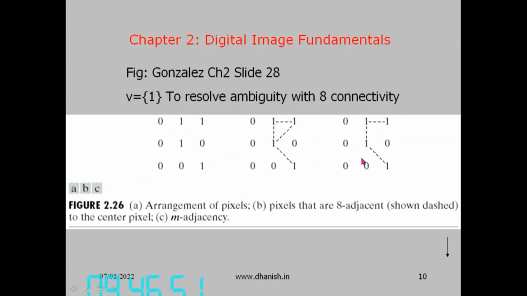And then M connected. If V is 1, only pixels of intensity 1 are considered, so only these are considered. Here, these two pixels, its neighbors and this pixel's neighbors.